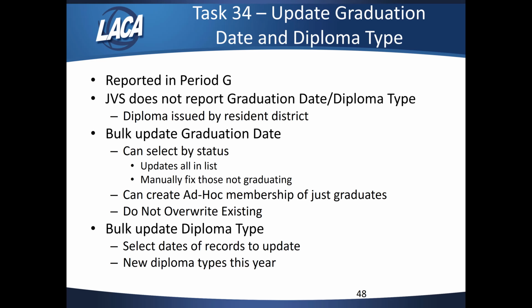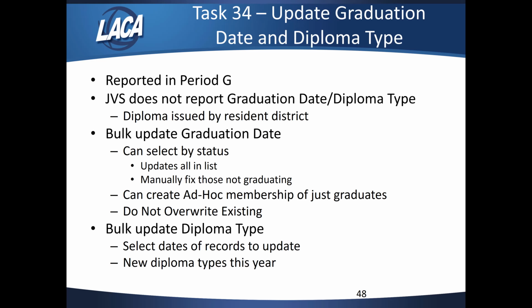You can do that either with a 41 or a 99. It doesn't matter. But the resident district that is issuing the diploma has to report all of their graduates as a 99 if they gave them a diploma.